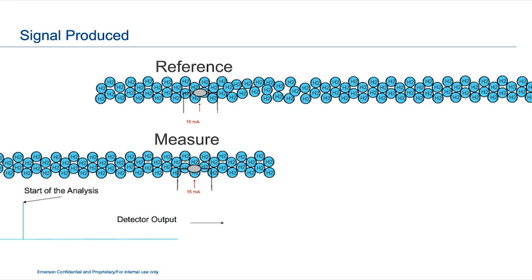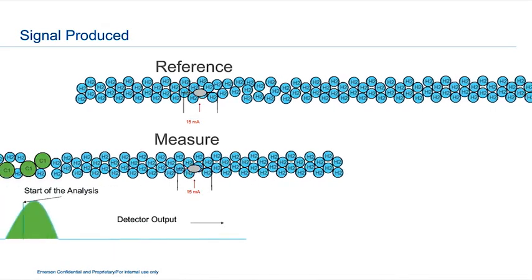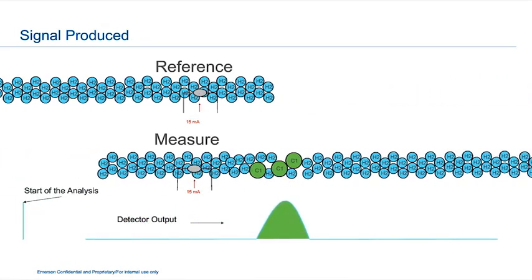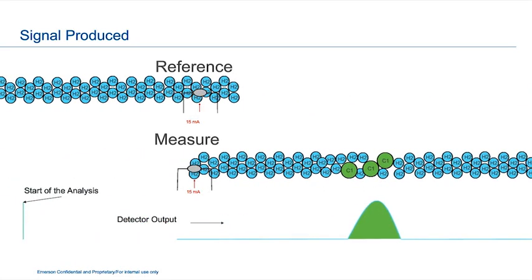That lower thermal conductivity will cause a change in the temperature, which will cause a decrease in the resistance, which will cause a voltage output. So let me run the animation. And so you can see as it goes across the screen, that is causing that peak area. That signal is then that peak area.